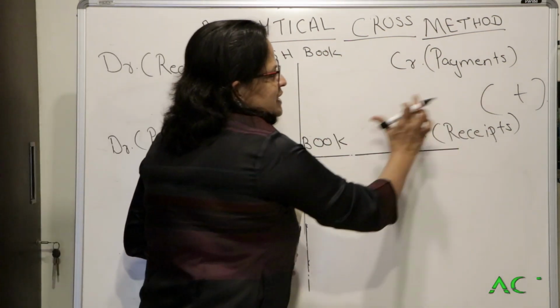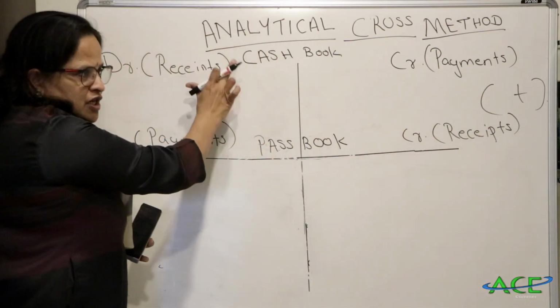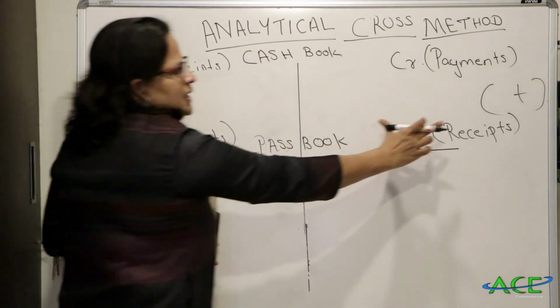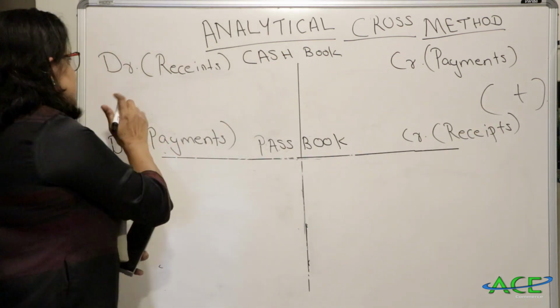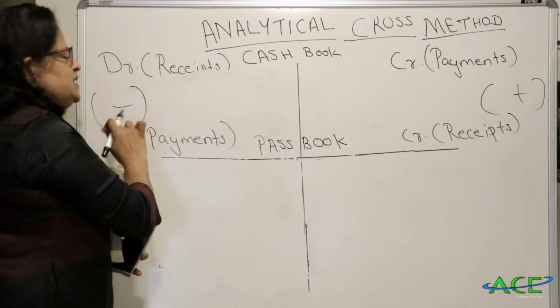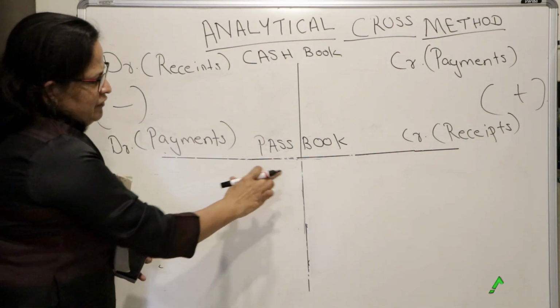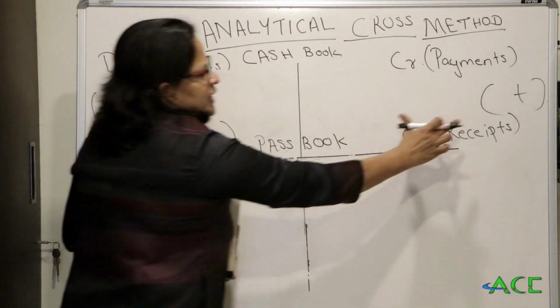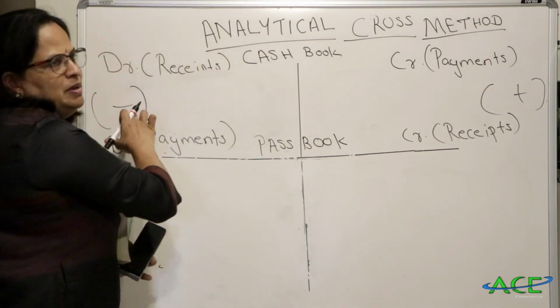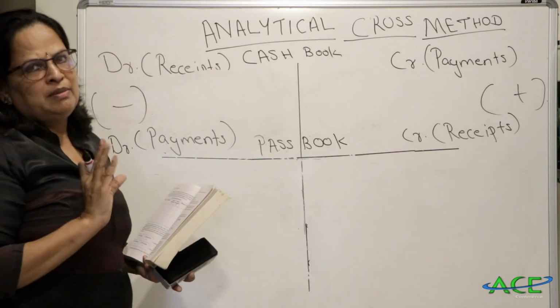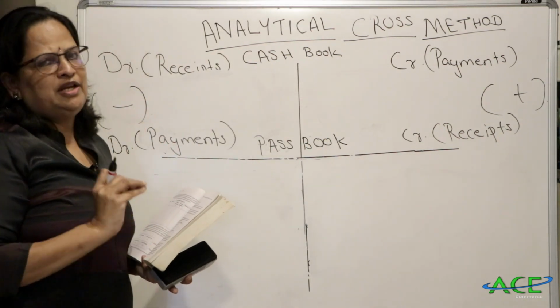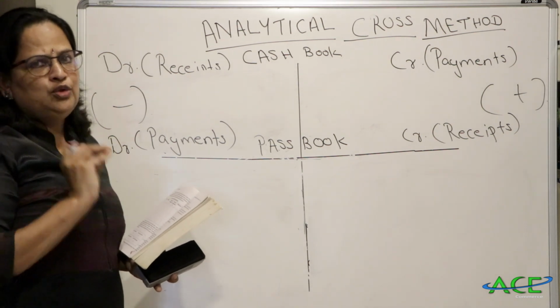So these signs will change. When you are starting with cash book balance to passbook balance, here it is plus and here it is minus. But when you are going from passbook to cash book, here it will be minus and here it will be plus. So these are the things you have to remember, and without by-hearting any statement, you can do the problems.